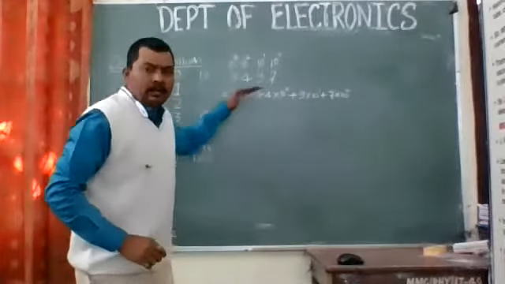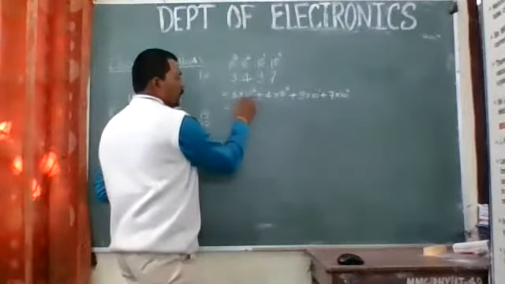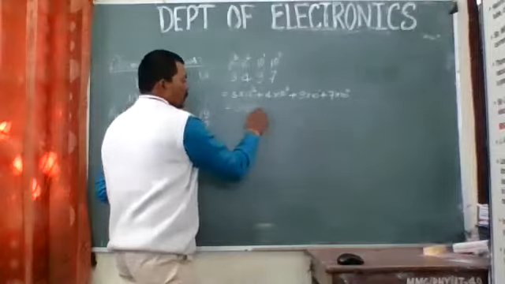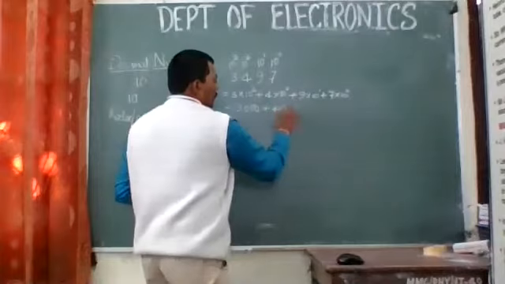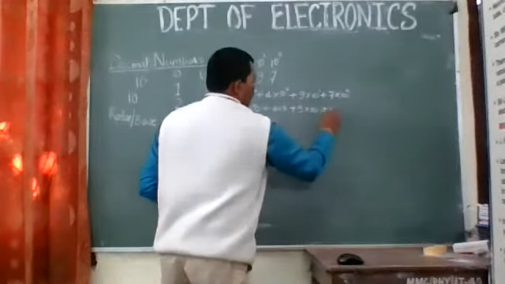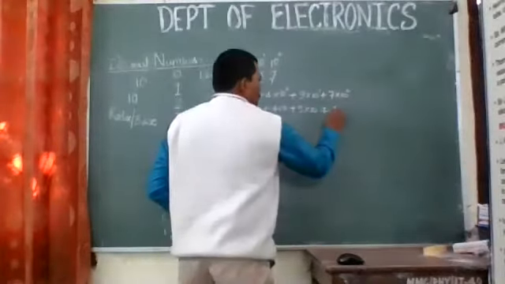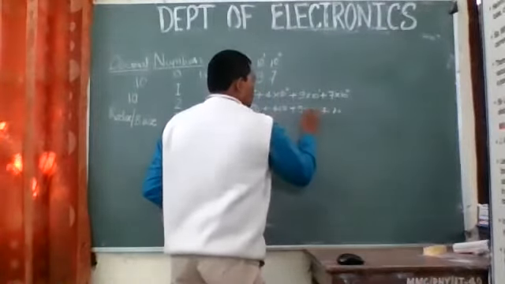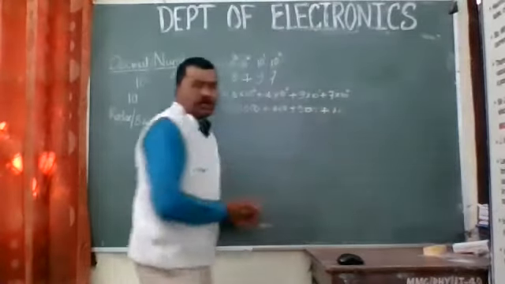While solving this, 3 into 10 raised to power 3 means 3 into 1000, that is 3000, plus 4 into 100, that is 400, plus 9 into 10, that is 90, and 7 into 10 raised to power 0 is nothing but 1, so 7 into 1 will be 7 only, right?